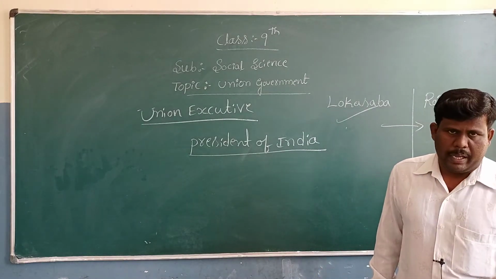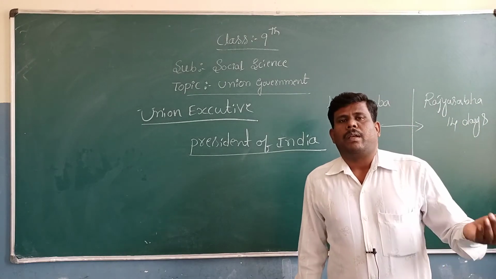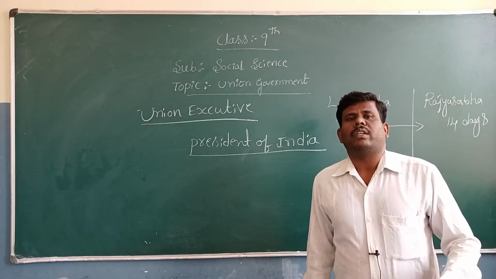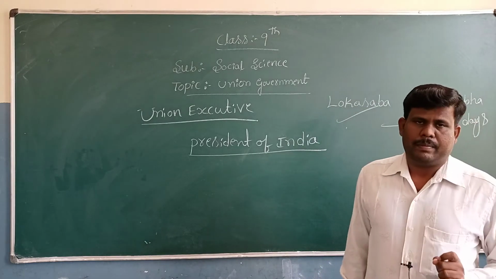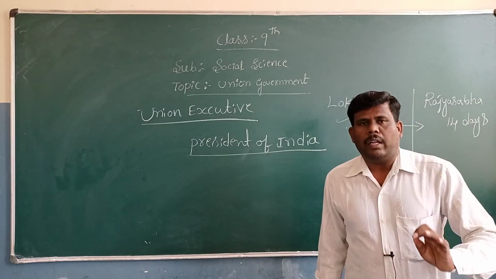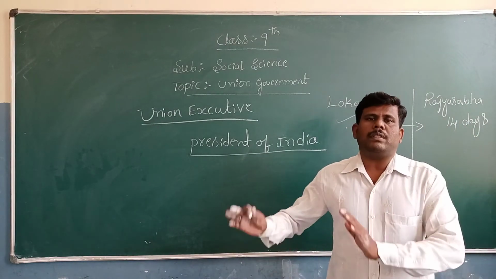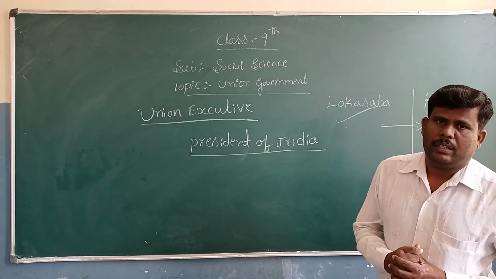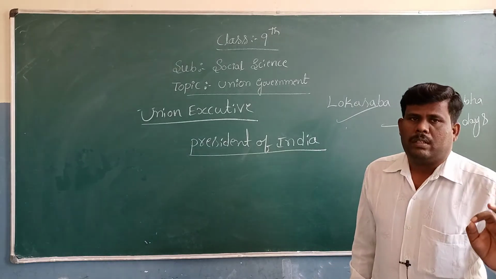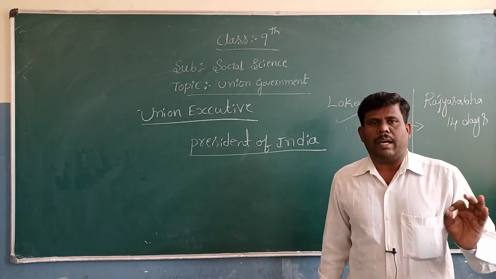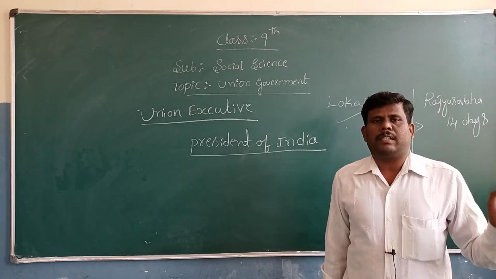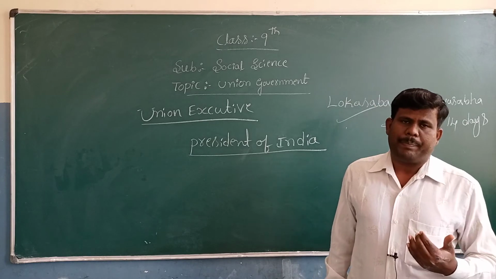the President of India. The President of India is elected through an electoral college. And who are the members of the electoral college? The members are all state legislative assembly members and union territories like Delhi and Pondicherry.